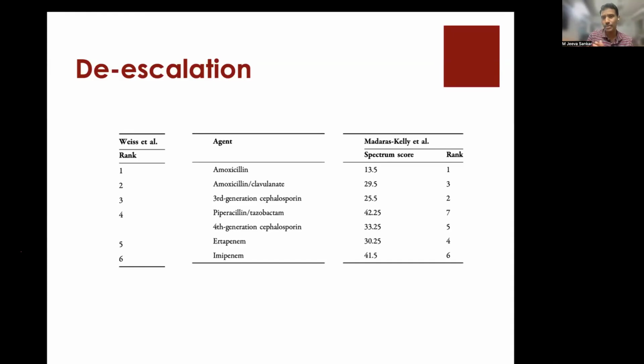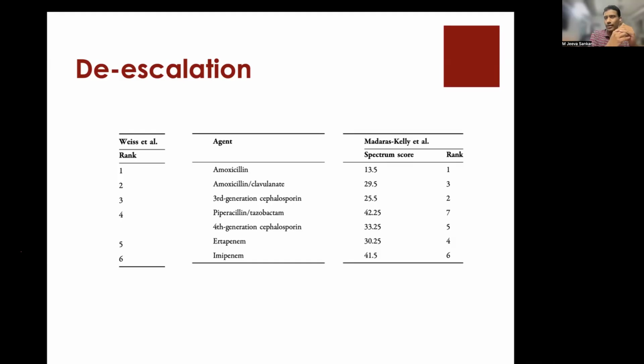The spectrum score by Kelly et al. is slightly different: amoxicillin, then third generation cephalosporin, then amoxiclav, then ertapenem, and so on and so forth. But broadly, you can say amoxiclav, then cephalosporin, then beta-lactam combination, then the carbapenem, roughly.